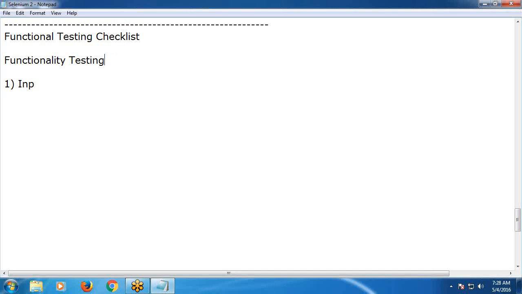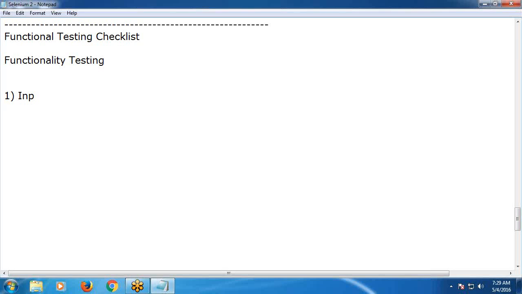Supriya, can you tell me the difference between functional testing and functionality testing? What we discussed earlier, verifying a component or system's functionality with respect to functional requirements, that is functional testing. See, functionality testing is a subset of functional testing.